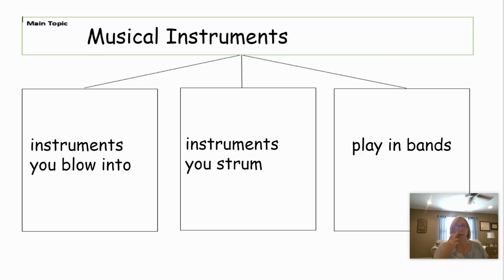Okay. Now, as a reminder, this is my idea web. I have put as my main topic that it's musical instruments. And three of the things that I would like to try to include in my draft are instruments you blow into, instruments you strum, and that you can also play in bands. So those are the things that I'm going to put into my piece.